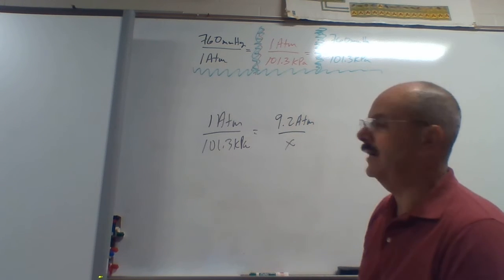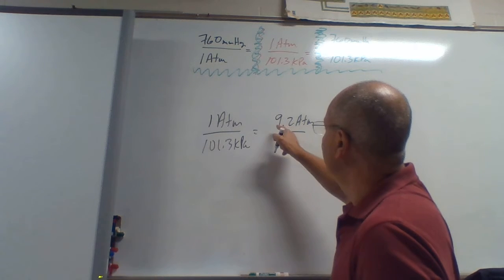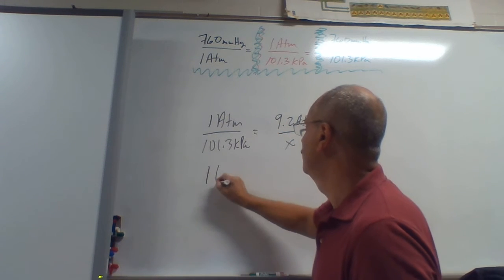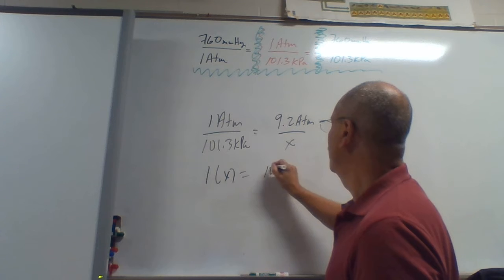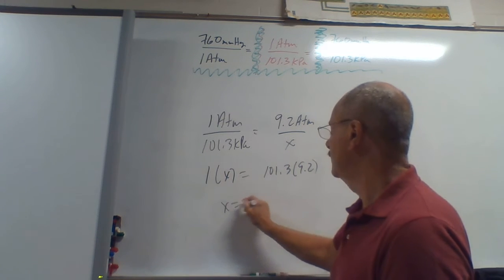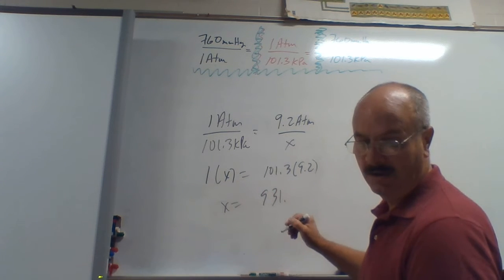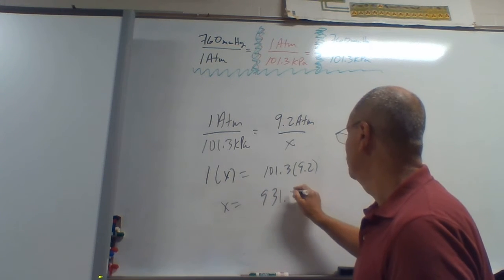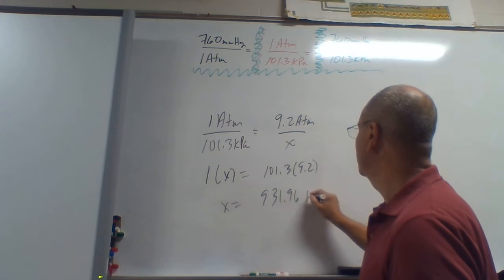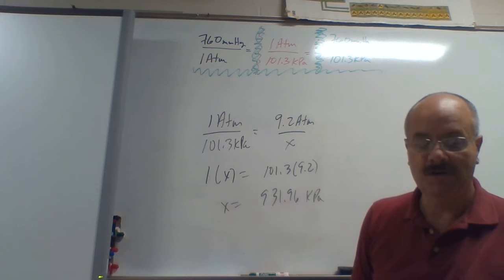We're going to try to find out X kilopascals. So from there, cross multiply. We're going to go 1 times X equals 101.3 times 9.2. So X ends up equaling 931.96, and that is kilopascals. So there's our answer for that one, at least for the first half of it.